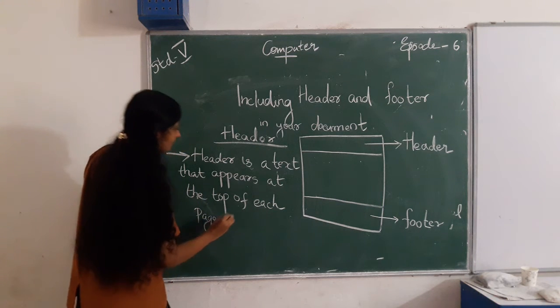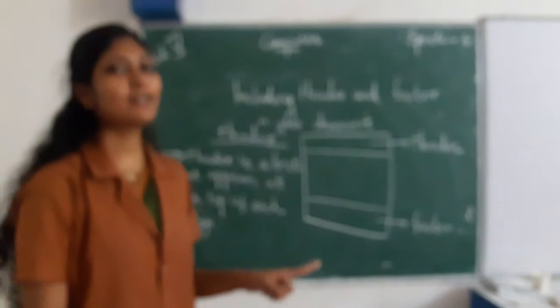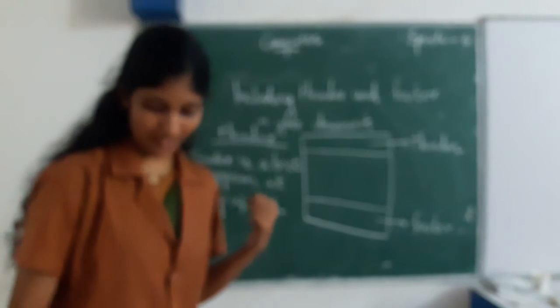So what is the definition of a header? A header is a text that appears at the top of each page. Then what about the footer? A footer is a text that appears at the bottom of each page.